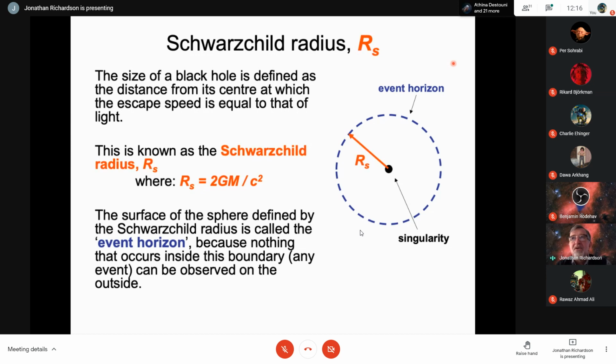So you've heard of the process of spaghettification, where gravity stretches things and objects. Well, we get to the event horizon where spaghettification takes place, but everything seems to come to a stop because you've moved into that region where light cannot escape. So no longer can you observe what happens after you've crossed over that event.